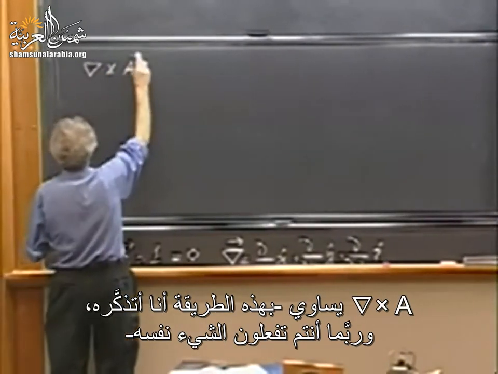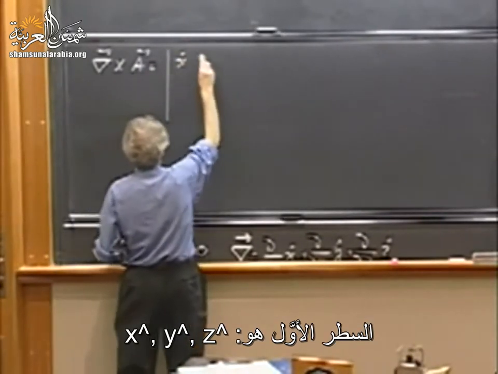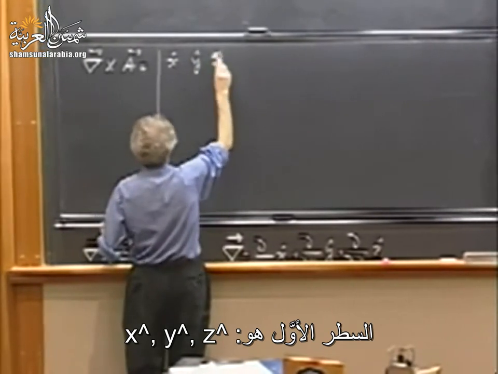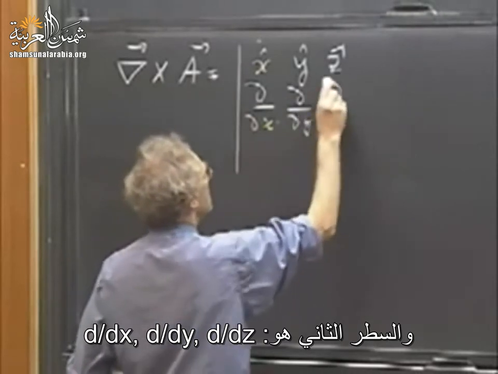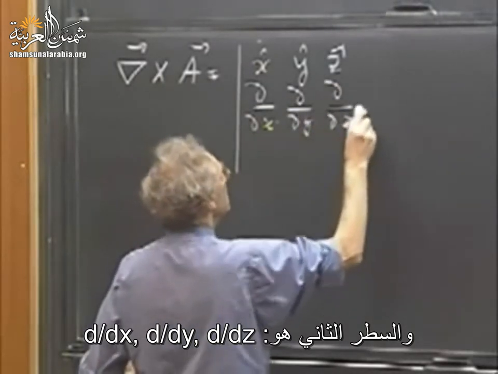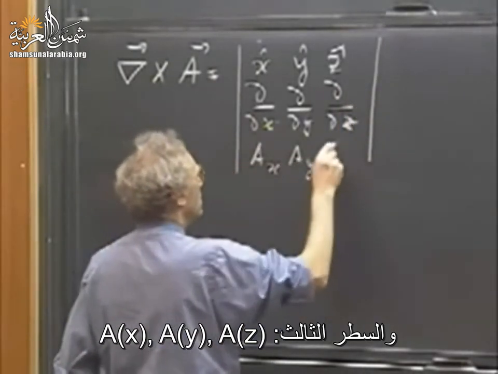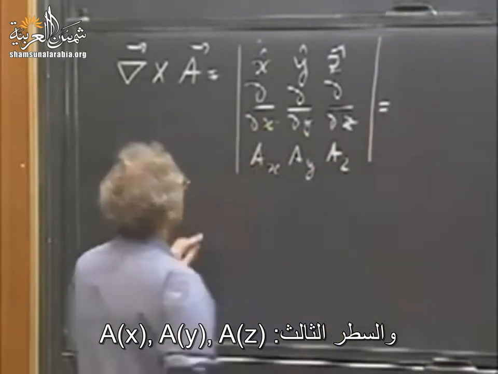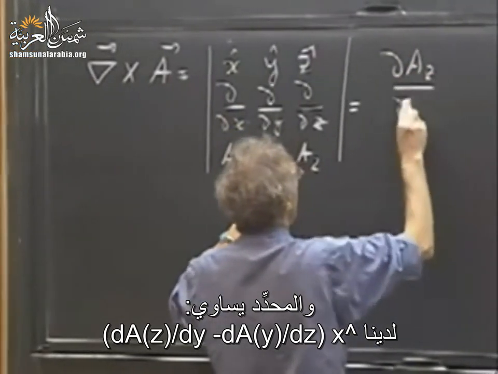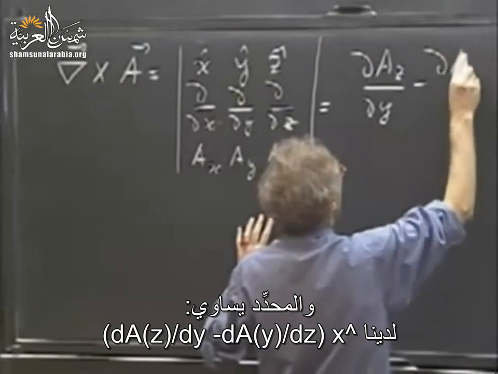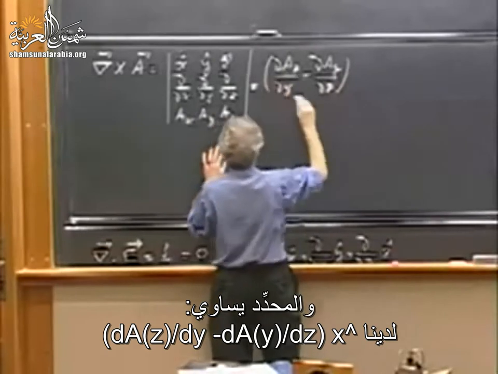The curl of A, the way I remember it, and you probably do the same, x, y, z, d dx, d dy, d dz, and then you get here ax, ay, az, and that then becomes daz dy minus day dz, and that is in the x direction.